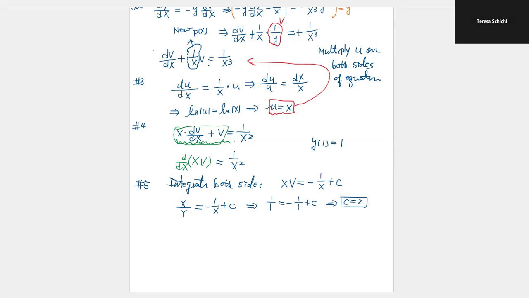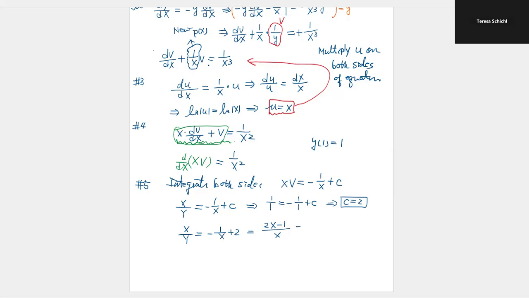So now I finally solve my problem here. So I will have x over y is equal to what? Negative 1 over x plus 2, or you can say this is 2x minus 1 over x.